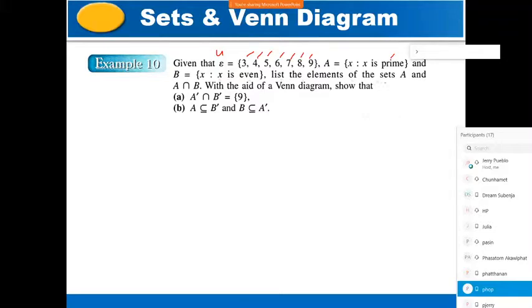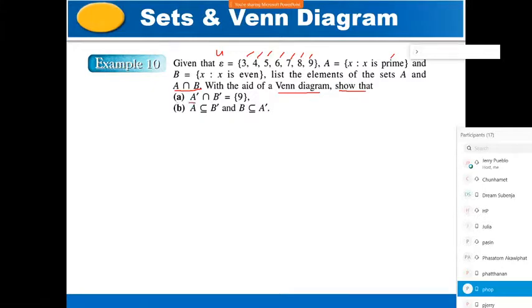List the elements of set A and A intersect B, with the aid of the Venn diagram. So first, before we answer questions A and B, we draw the Venn diagram first.